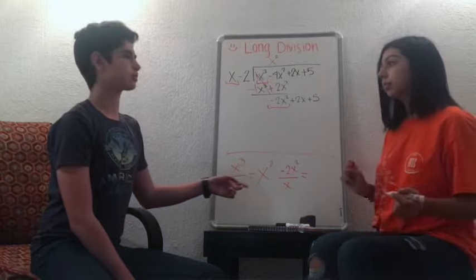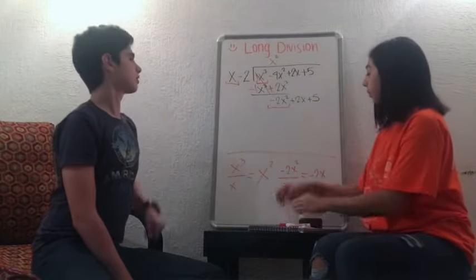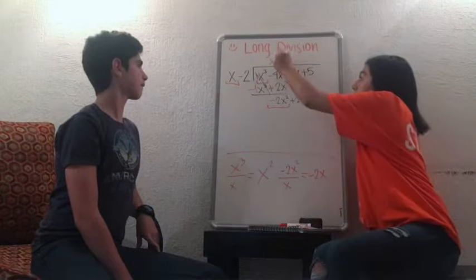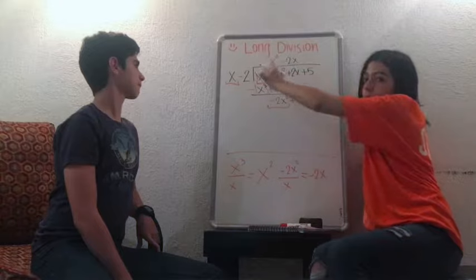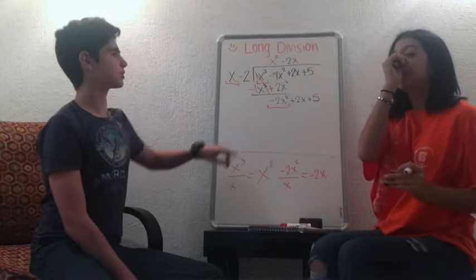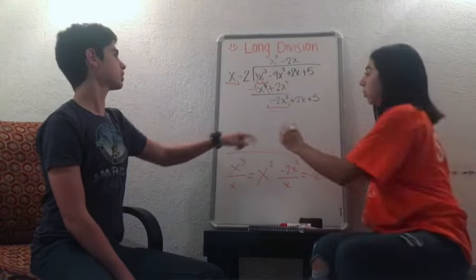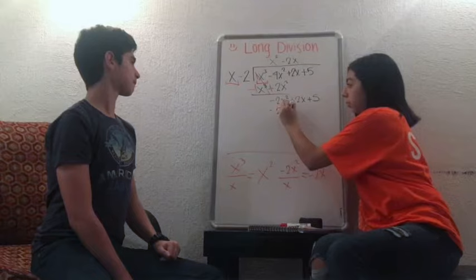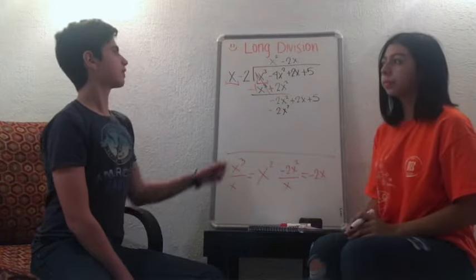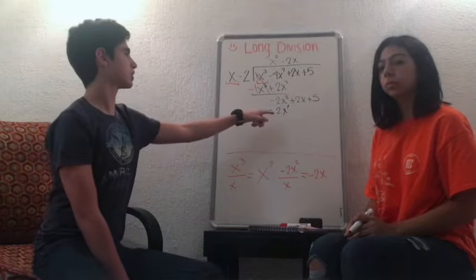And that gives us negative 2x, and we're going to put it up here, at the side of our first term. Then we are going to multiply the negative 2x times the x, that gives us negative 2x squared. And then the negative 2x times the negative 2, that gives us positive 4x.